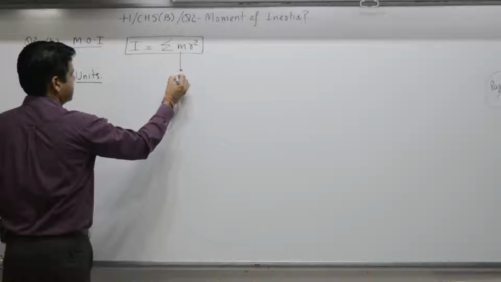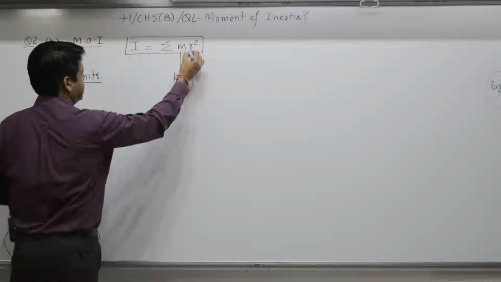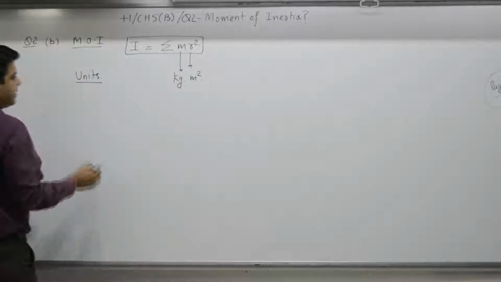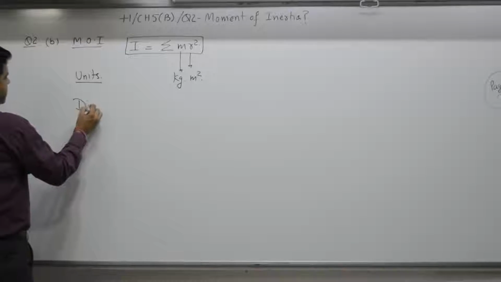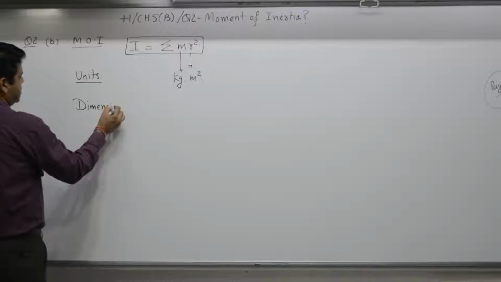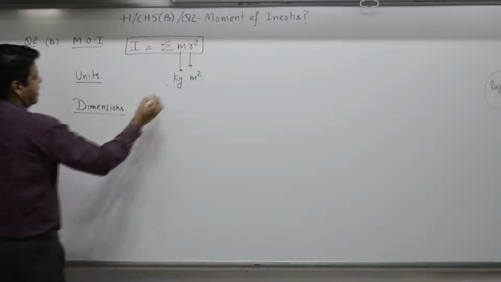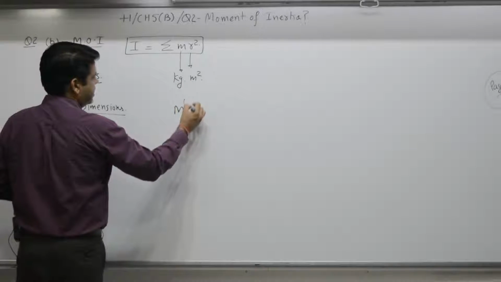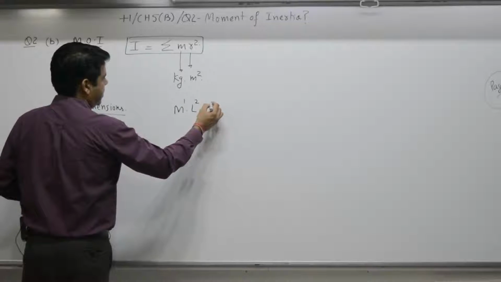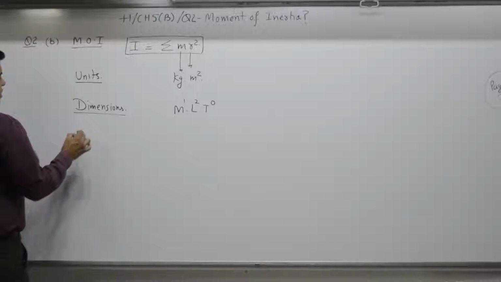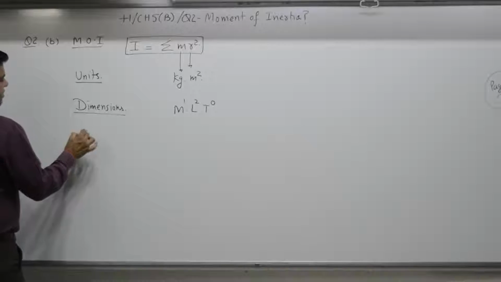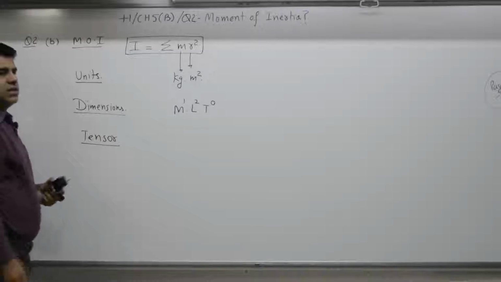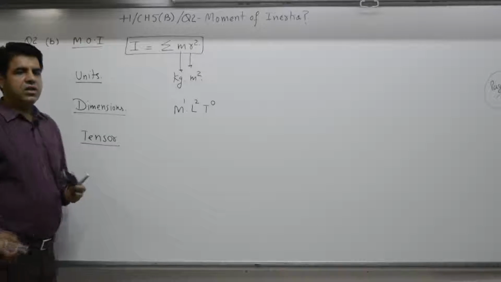Mass, kg, distance, meter, so kilogram meter square. Dimensions: mass, M^1, distance, length square, time, 0. Third, whether it is a scalar or vector: it is a tensor, neither scalar nor vector.